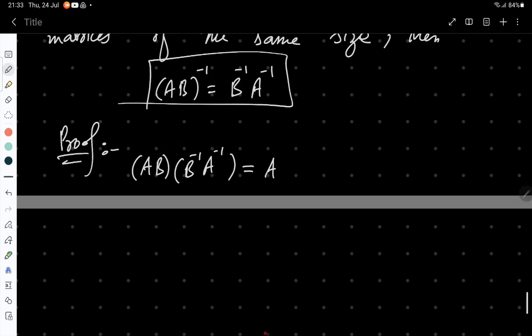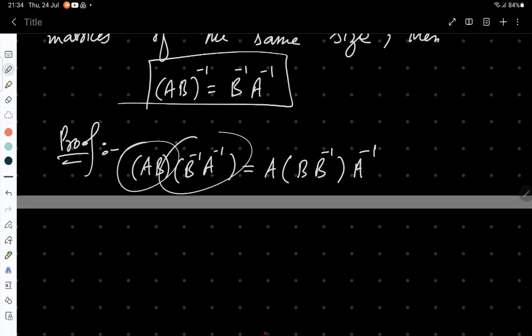So in other words, if I change these brackets in this way, the result will be unchanged. B times B inverse, here are the brackets. This is called the associative property. That means if we change the brackets, it will cause no change.